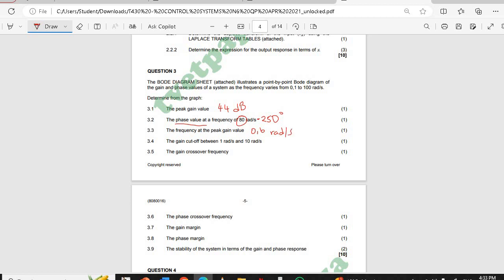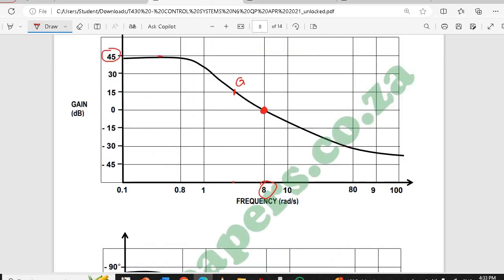Your answer should make sense. Don't just say any thing. Then the cutoff between 1 and 10 represents the gain cutoff. I've never seen a question where they say phase cutoff. It's always gain cutoff. So between 1 and 10, this is like a slope, so you're going to subtract.